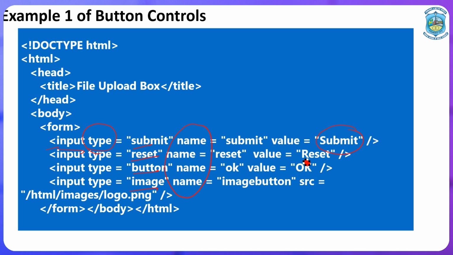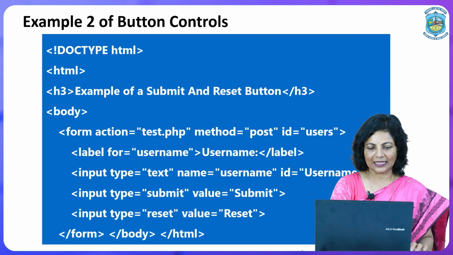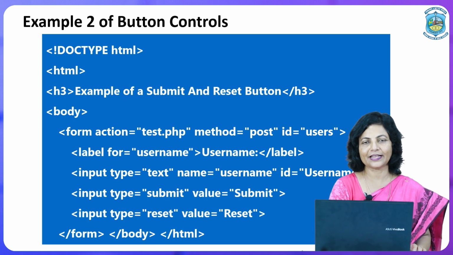Here you can see for reset I have given the reset label, and one more button is used where I have given the OK value to it. And for the image button, you have to give the complete URL of the image that you want to use as a background. This is another example. At the end, as I told you, I will be demonstrating all the controls altogether.